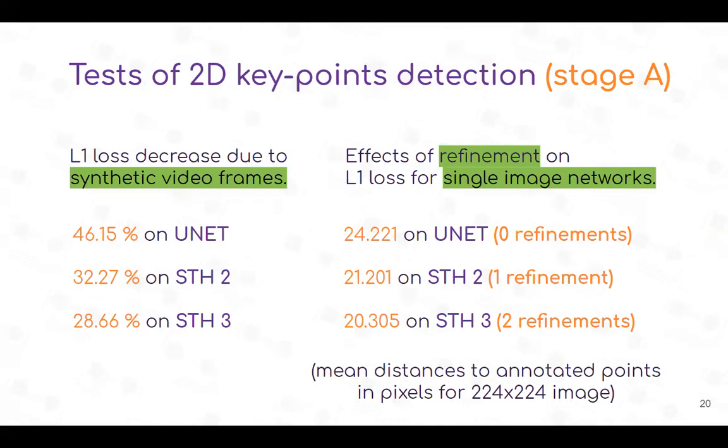And for single image networks, we showed that refinement improves accuracy each time. And as I said before, even though STH is almost twice as small as UNet by the number of trainable parameters, it's still more accurate than UNet.